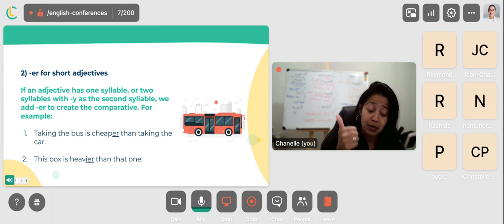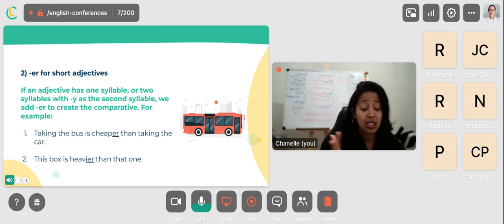Well, cheap is the adjective, so that means we just add an er. Then taking the car. This box is heavier than that one. So to summarize, we use more for longer syllable adjectives and we use er for shorter syllable adjectives.